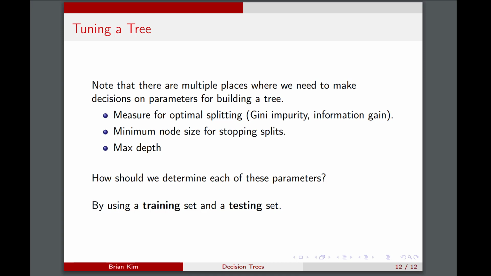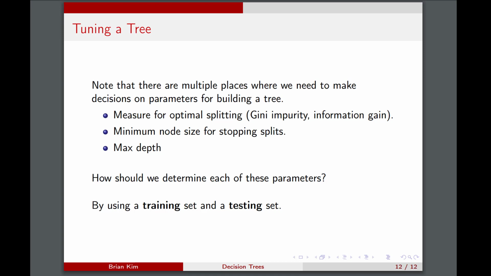And then we have the minimum node size for stopping splits. Remember when I talked about having some sort of stopping criteria? Well, one thing that you might want to set is, don't split once you have fewer than maybe 5 data points within that node, because then you're almost starting to split the data up into individual data points, and that's not very helpful.